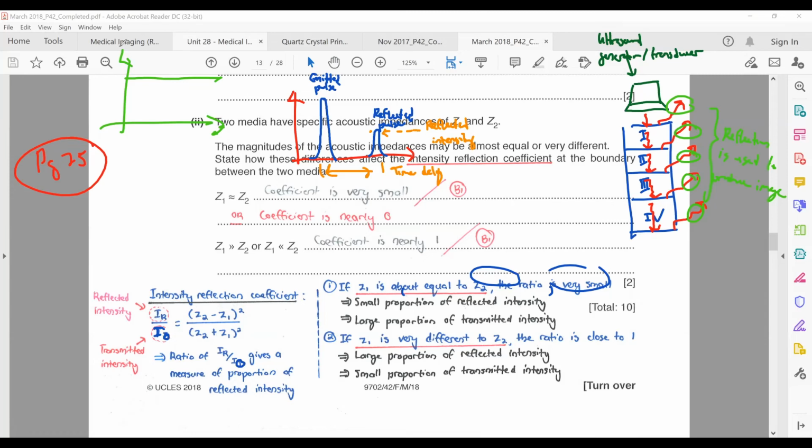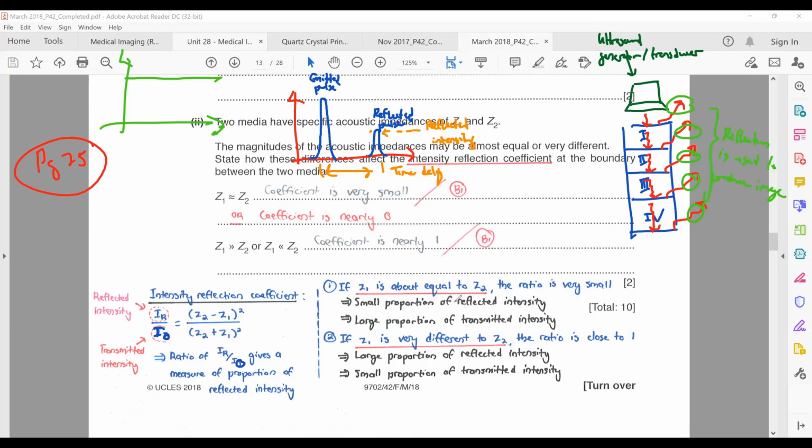In your notes it is I, but here I would just say I naught, the initial intensity. So as I mentioned just now, if your specific acoustic impedances are almost equal, that means the difference between them is very small. Maybe I need to write here.